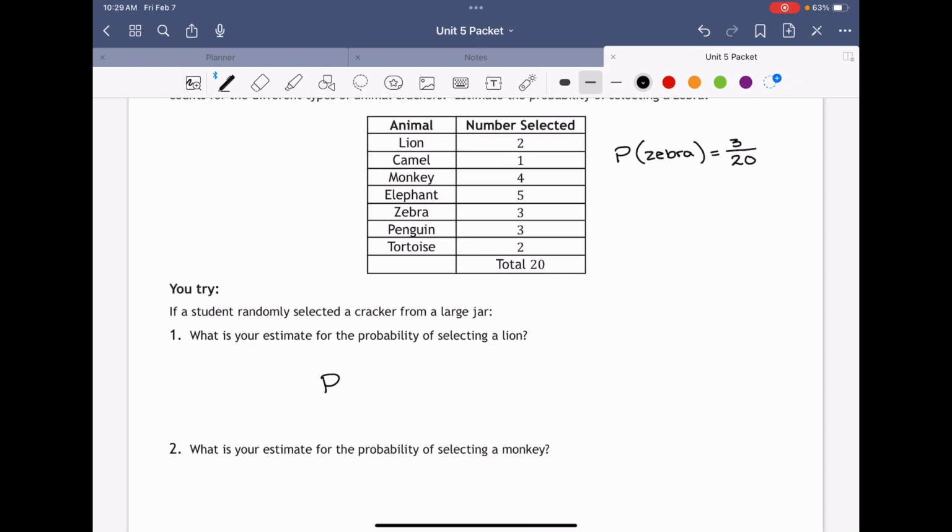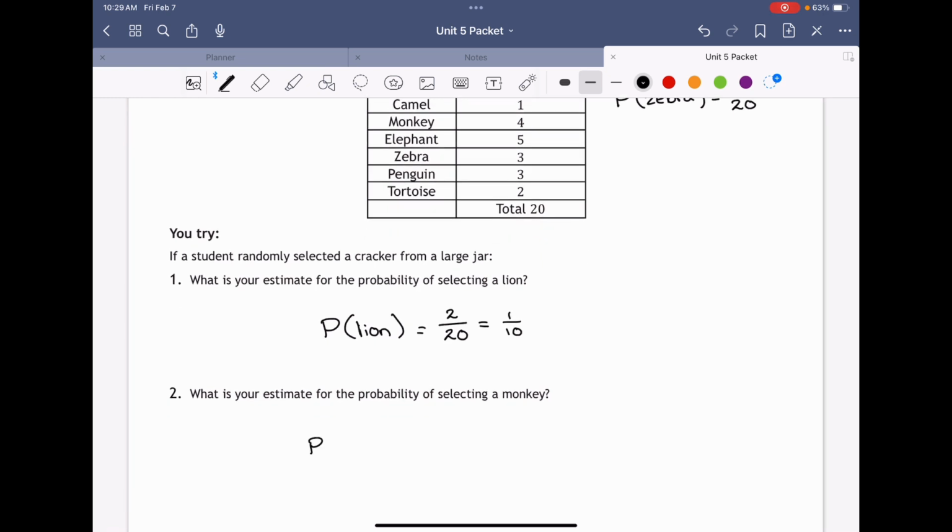Okay, so probability of a lion equals 2 out of 20, or 1/10. Probability of a monkey is 4 out of 20, or 1/5.